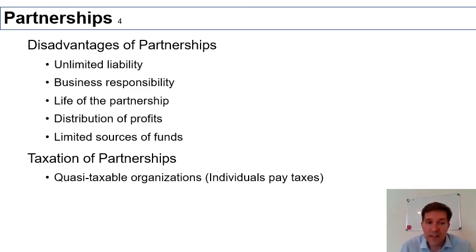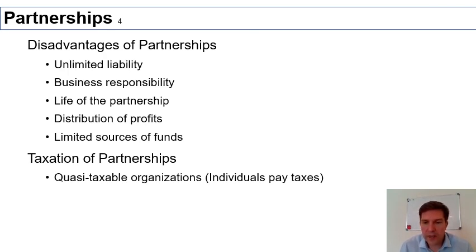Also, the difficulty with the partnership is what's going to happen as the owners of the partnership go away, right? What's going to happen with the partnership? So let's say that we have two people that have partnered for 10 years. We've been in business, and now I decide that I had enough and I want to leave, right? This creates a legal void, right?